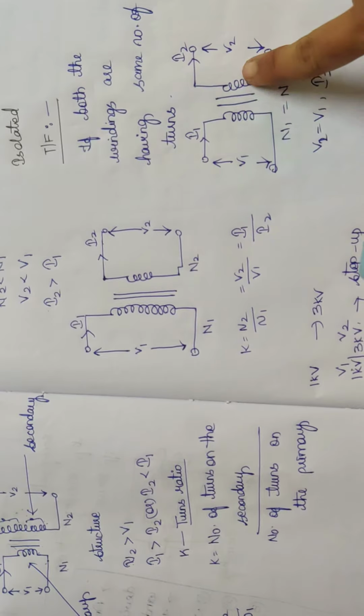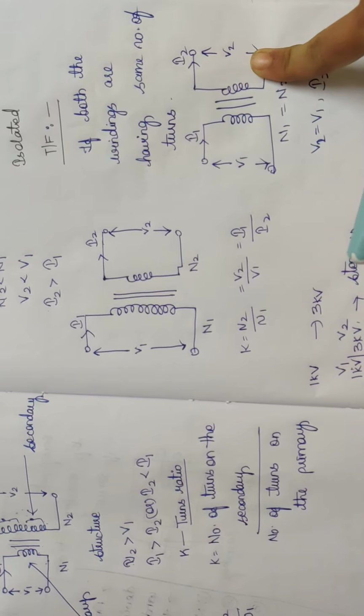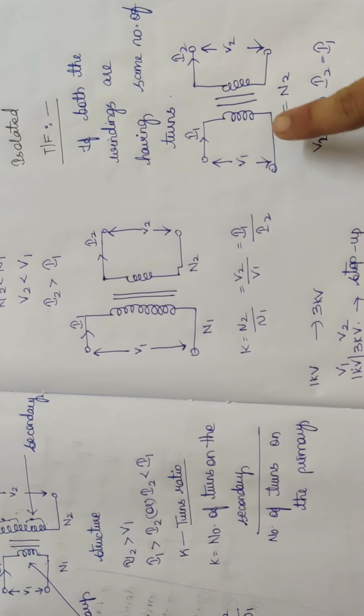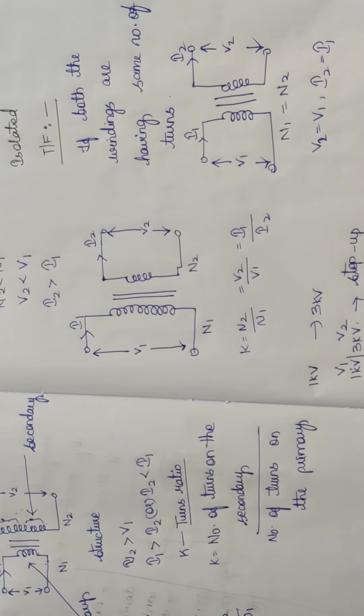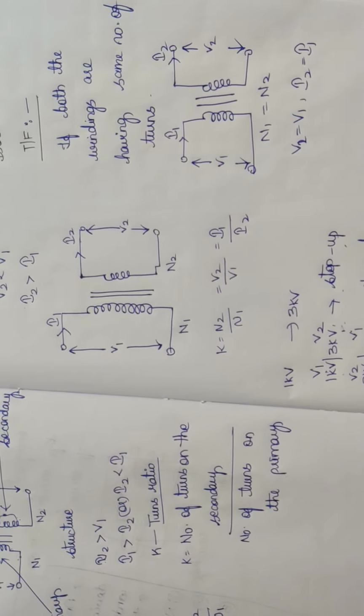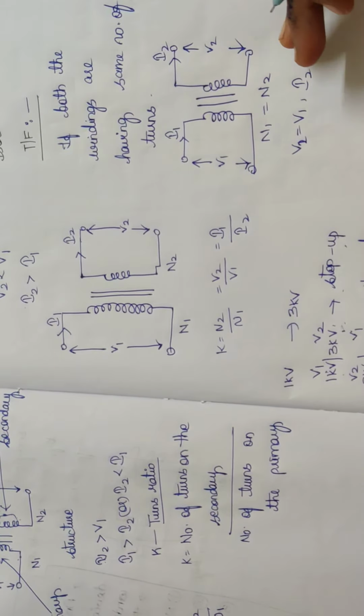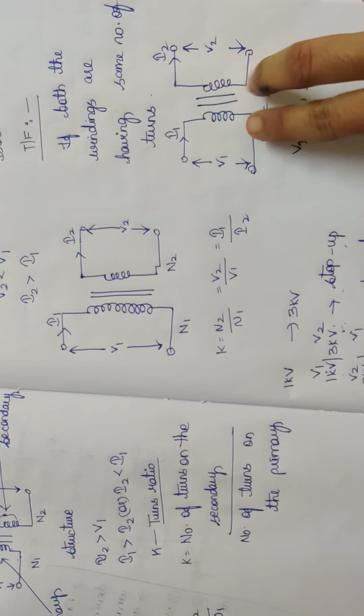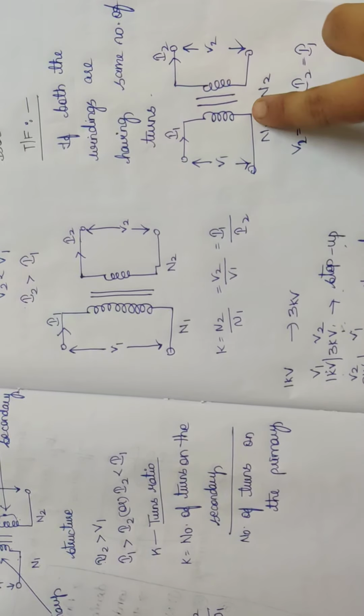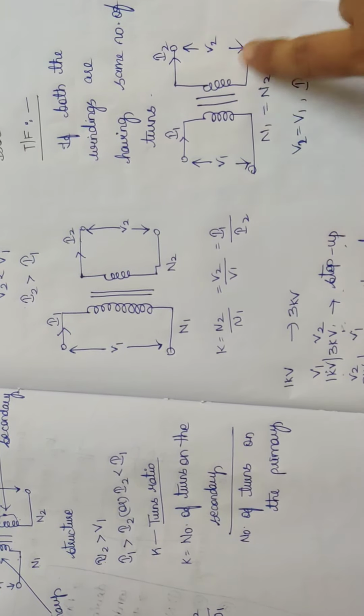Now both windings are electrically separated. So where do we use it? Where we want two separate circuits electrically. You don't have any electrical connection; there will always be a magnetic connection between these two.